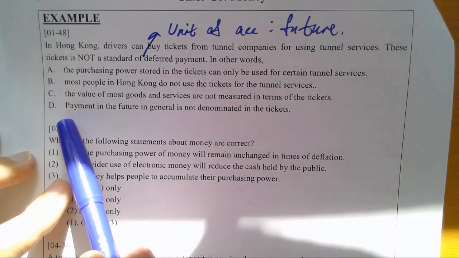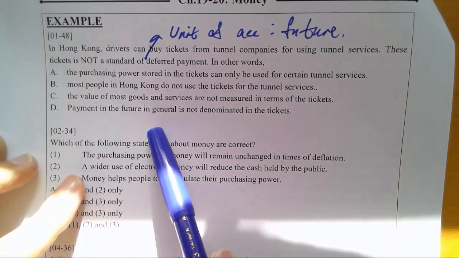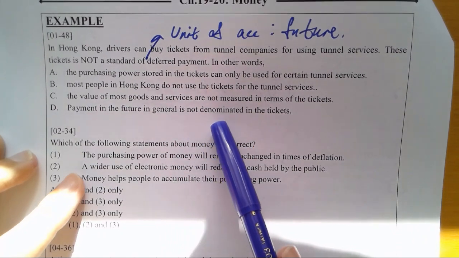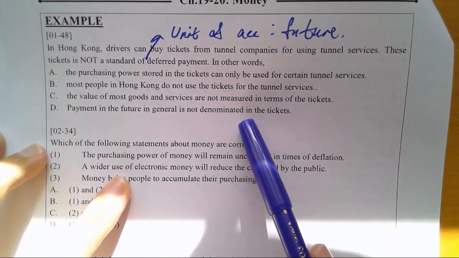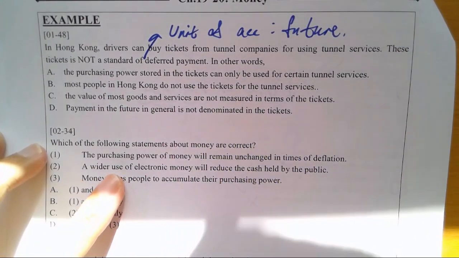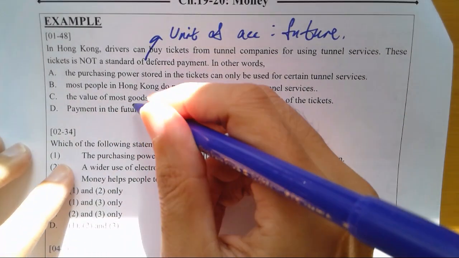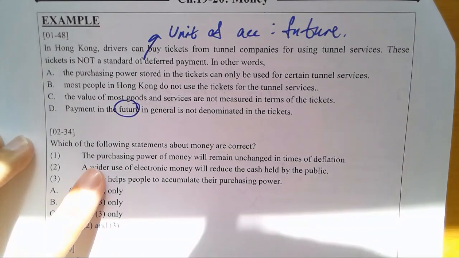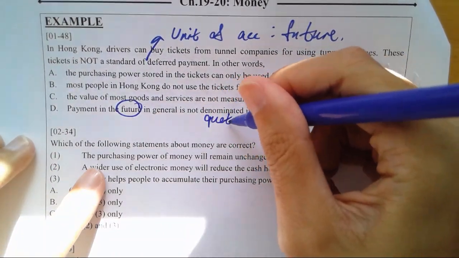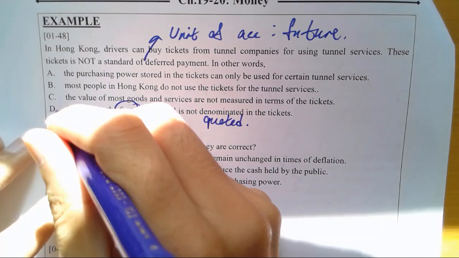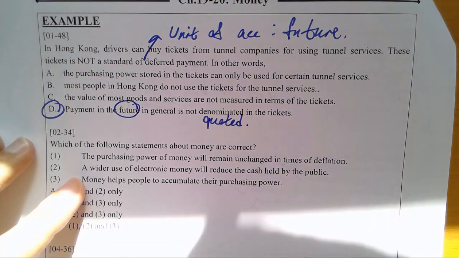Here, it should be this one. Payment in the future, in general, is not denominated in the tickets. 通常都唔係用啲飛 in future, not quoted or denominated in tickets. This is the answer that we want.